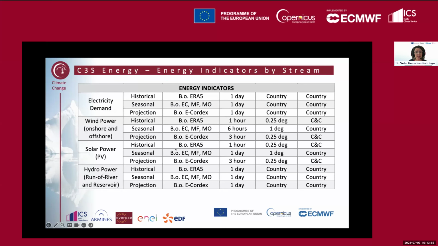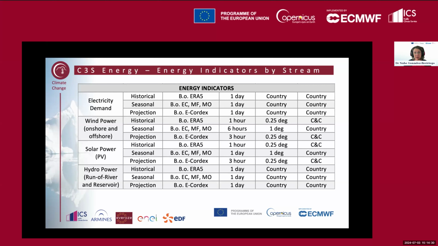Regarding the energy indicators, we are providing electricity demand, but also capacity factor for wind power, both onshore and offshore, capacity factor for solar power, and hydropower, both run of river and reservoir. In this case, we are providing different temporal resolutions.